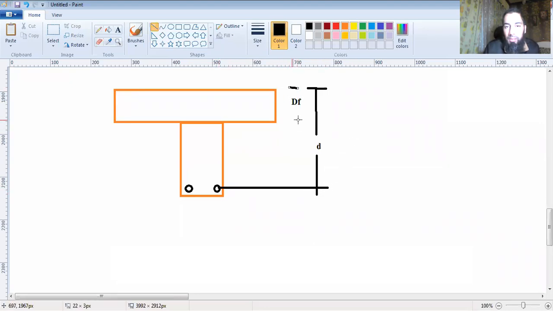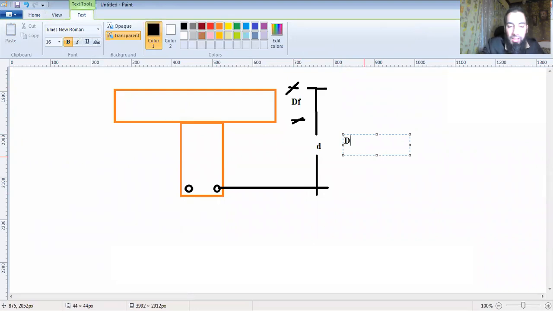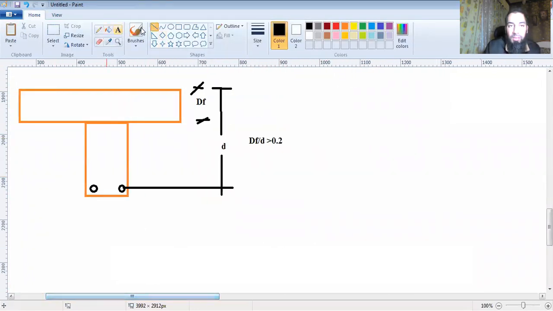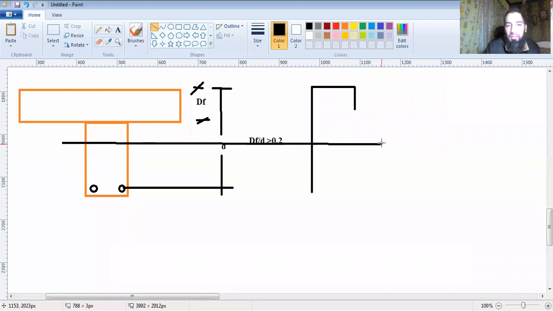Your Df is now this. Once the code says its Df by d is greater than 0.2, what happens is that the part of this stress block in compression no longer remains only linear. So the behavior is not only linear. The neutral axis would be somewhere here.